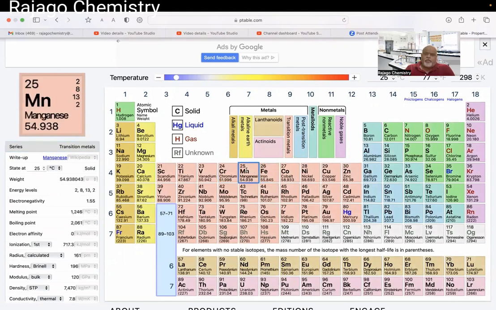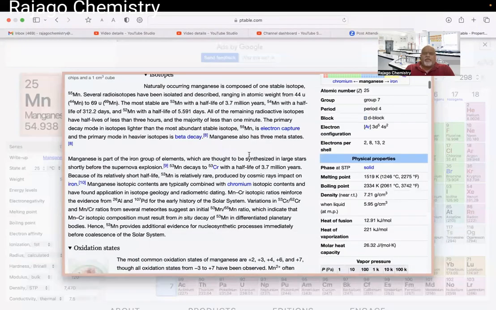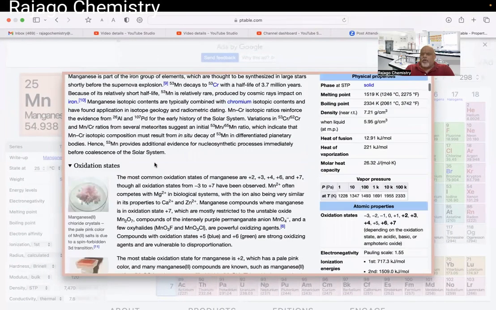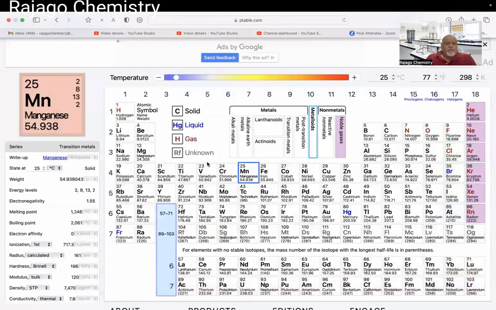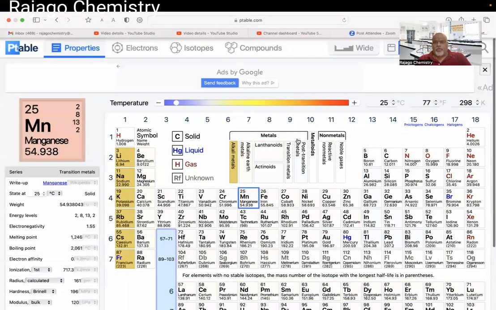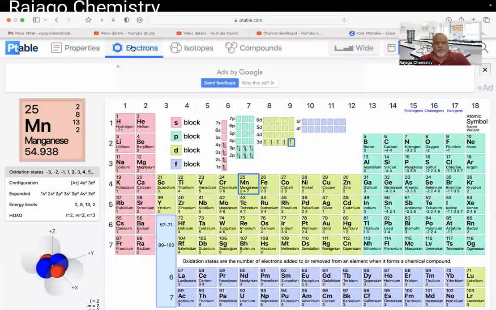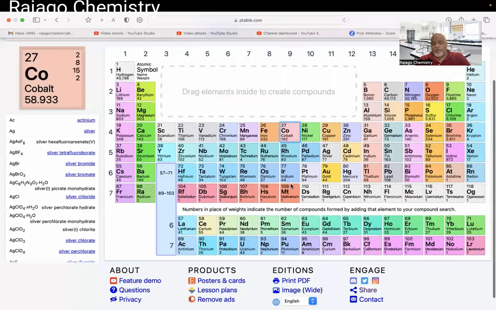If you want to know anything about manganese, you just hit manganese, and then you can read about it on Wikipedia and understand how manganese looks and read more about those elements. This is a very good site to understand the properties of these elements. There is so much information given here about electronic configuration, how many isotopes they form, and how many compounds they form as well.